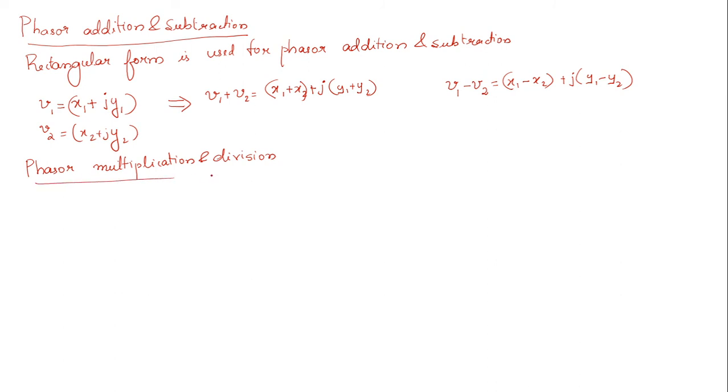So let's represent two phasors to be multiplied and divided in polar form. All of you write: polar form is used for phasor multiplication and division.